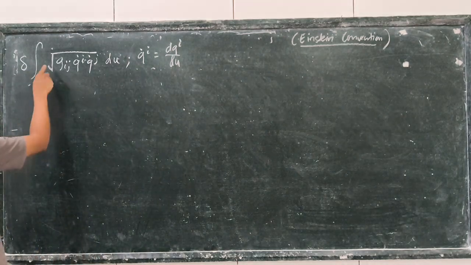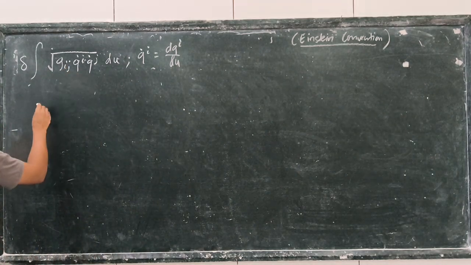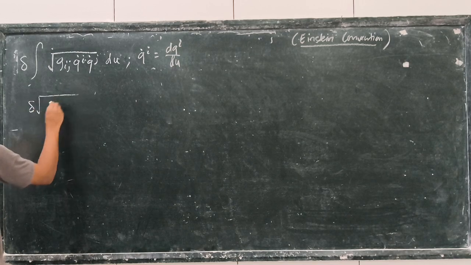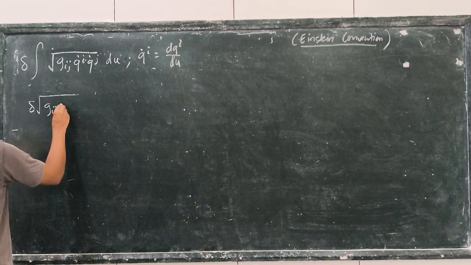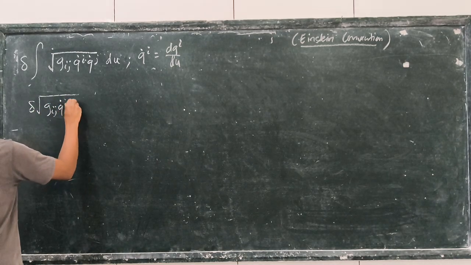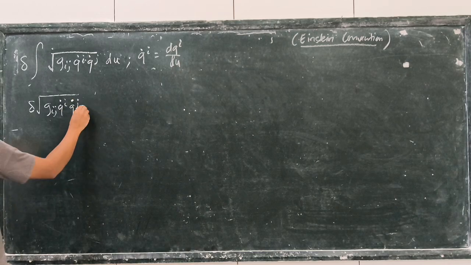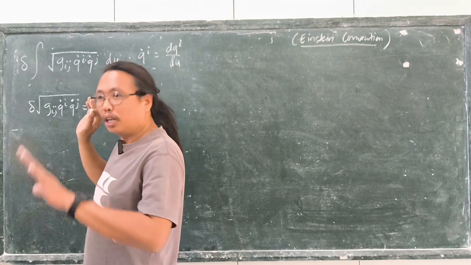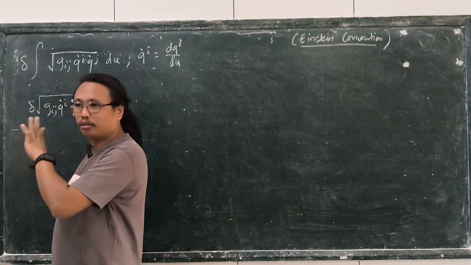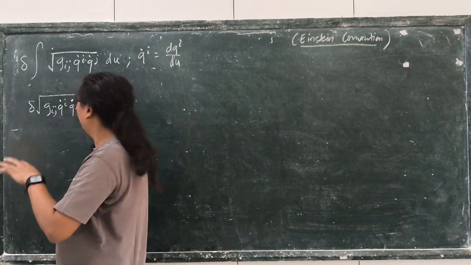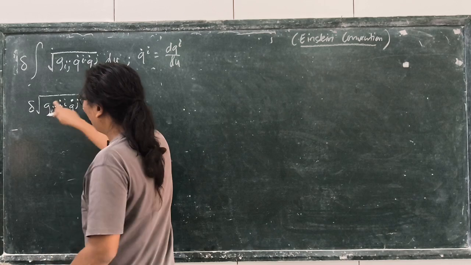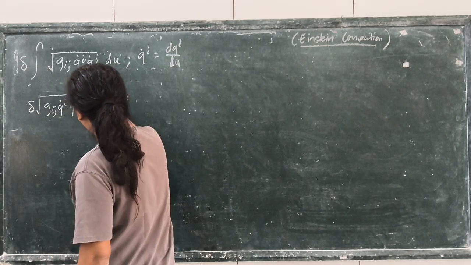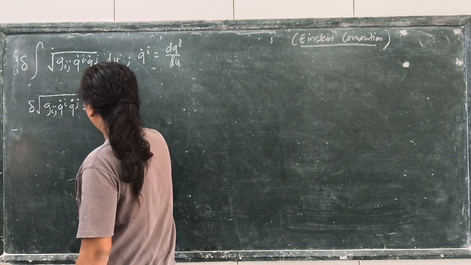So, we take the variation of this: the variation of g_ij q dot i q dot j. Now, I want you to follow. Take the variation of this. We apply partial over partial.